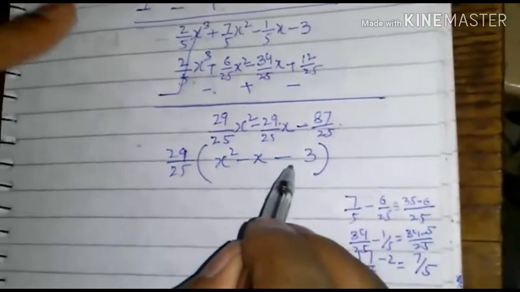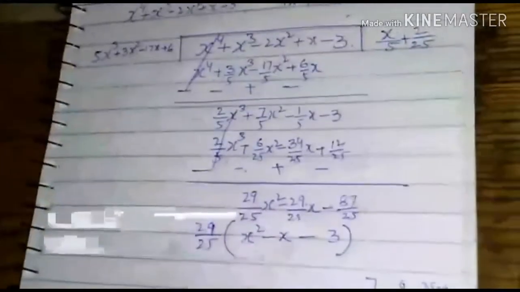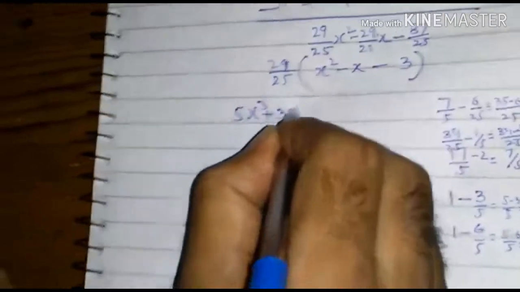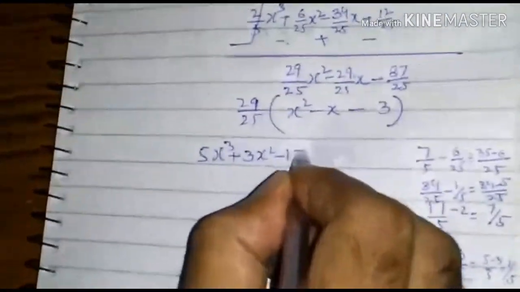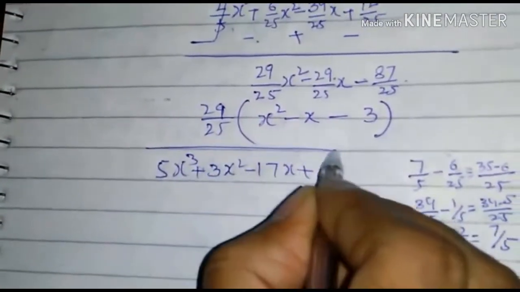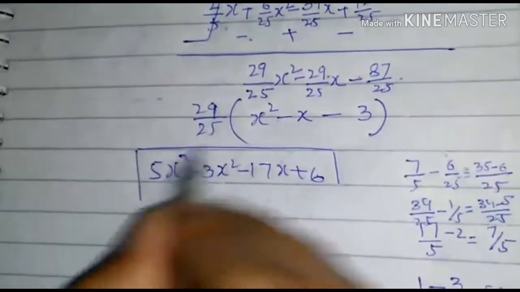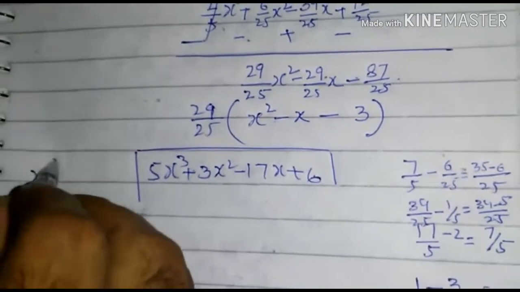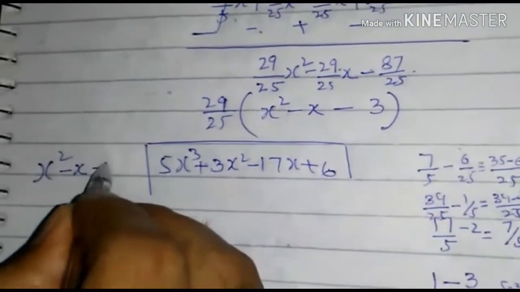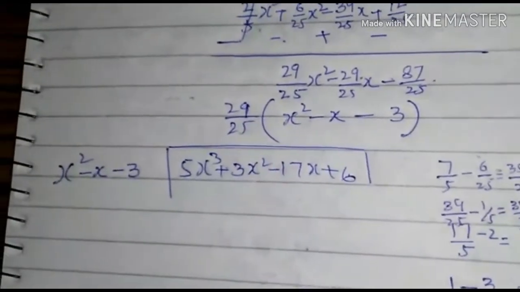Now we divide the second expression with this. So we write it as 5x cube plus 3x square minus 17x plus 6 and divide it with x square minus x minus 3.